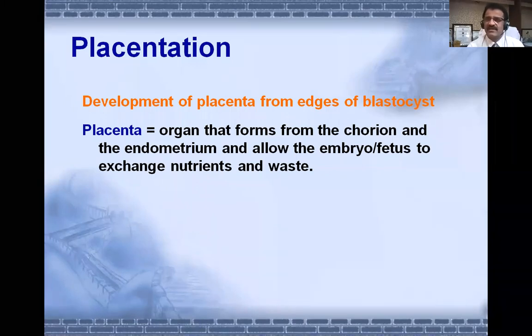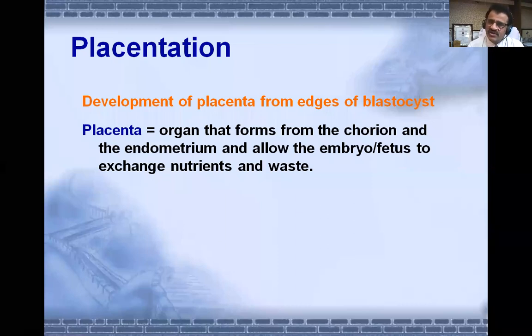This is because the baby, the fetus, can't eat, and it has intrauterine life. It depends wholly on its mother. So it's an organ that forms from the chorion and endometrium and allows the embryo and fetus to exchange nutrients and waste products. So also it is called a choriodecidual structure.